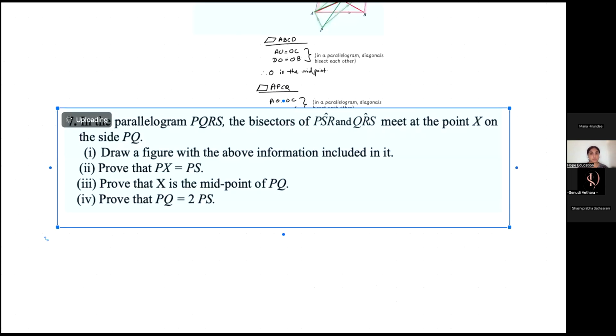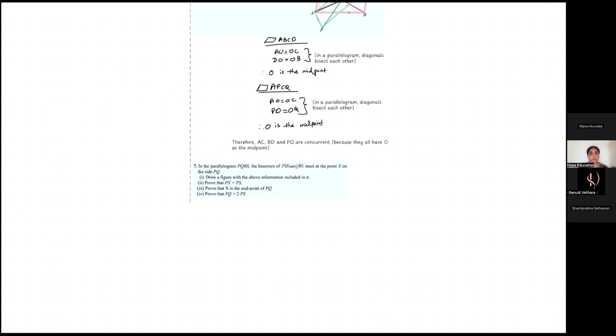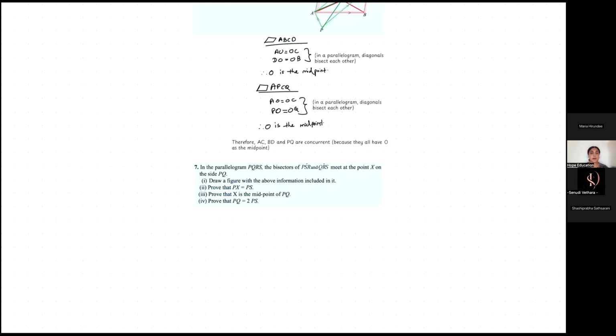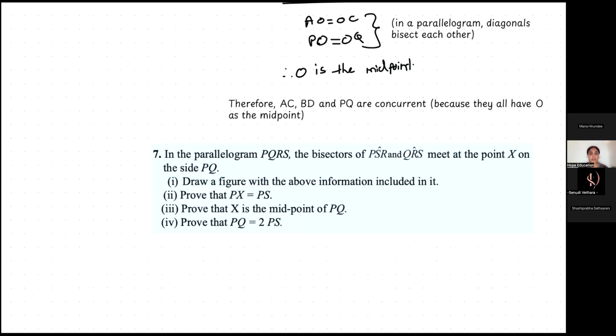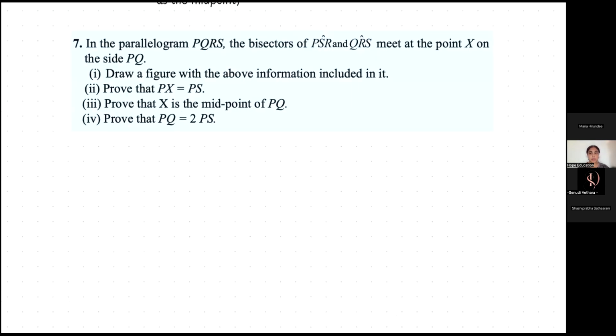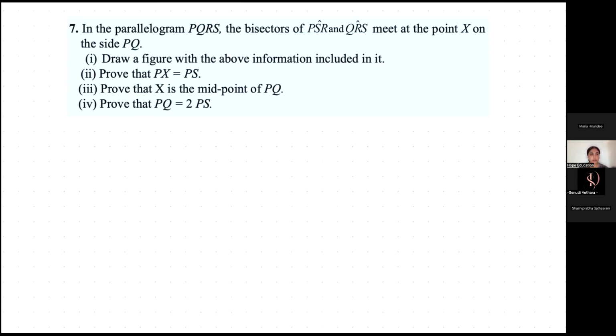So in the parallelogram PQRS, the bisectors of PSR and QRS meet at the point X and X on the side PQ. Okay. තාම අපිට මුකුත් තේරෙන්නේ නැහැ, but parallelogram කියලා දෙන්නේ. So let's just draw a parallelogram.